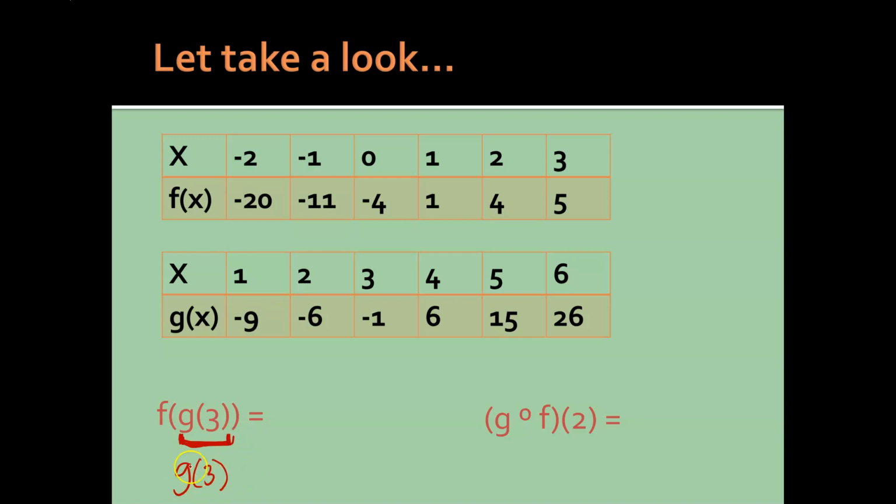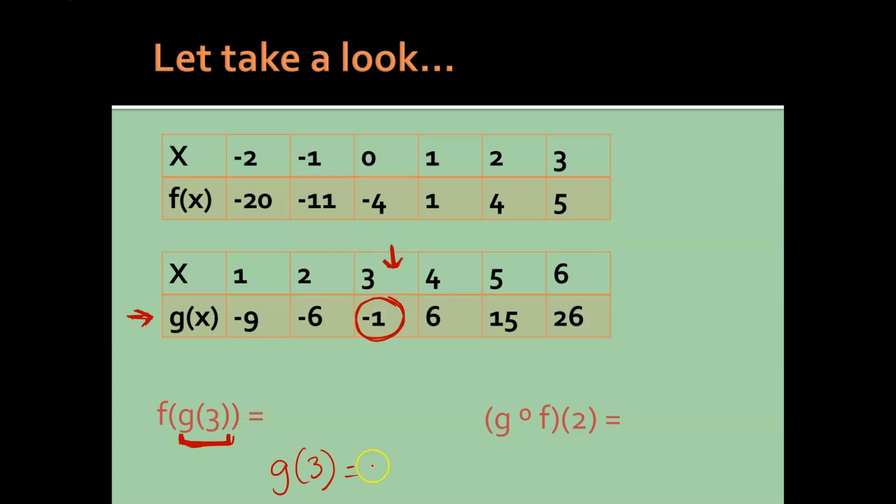I'm just going to erase that. Let's see. Okay, I'm going to put it over here. So I need to figure out what g of 3 is. We go to the g function and find when x is 3, which is right here. When x is 3, what's y?